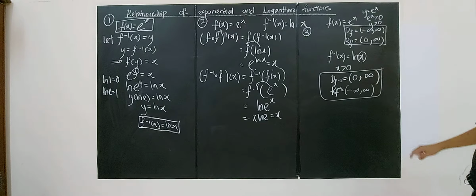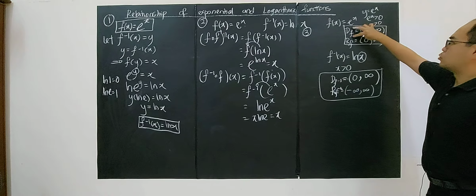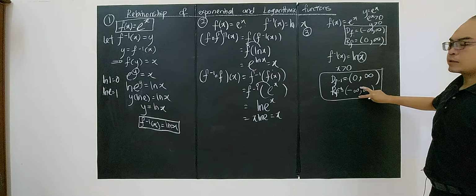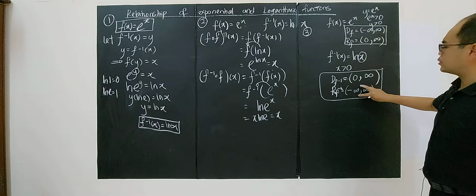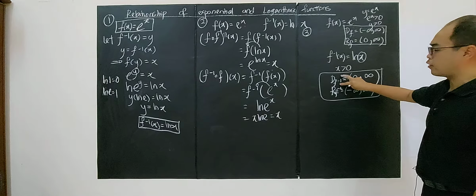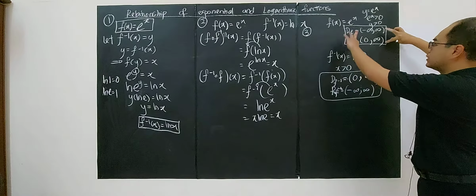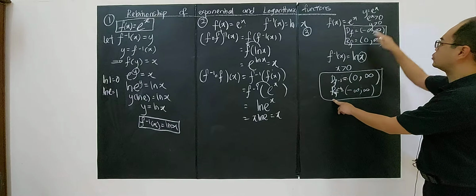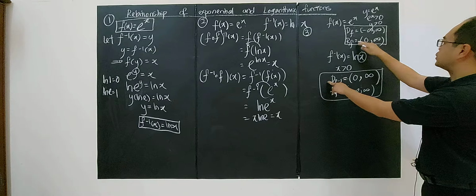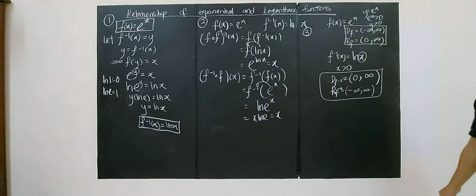You look at the domain, it will be the range, right? Can you see the domain of f will be the range of f inverse, and the domain of f inverse will be the range of f? They are interchanging, right? The range here will be the domain here. The domain here will be the range here, right?